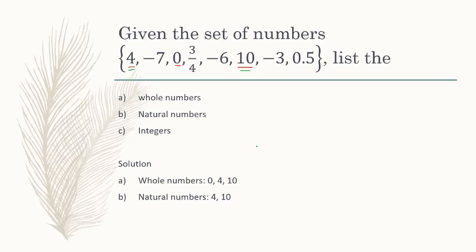Then if you wanted to represent the set of positive numbers in the list above, you would say the whole numbers are 0, 4, and 10. And if you wanted to represent the natural numbers, you would say 4 and 10. This is it, guys. Okay, good.